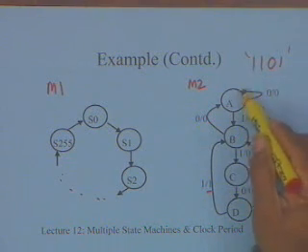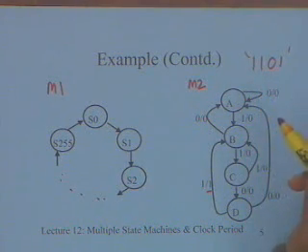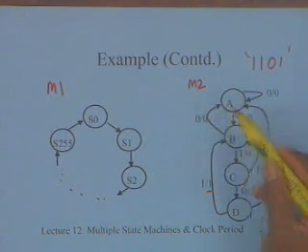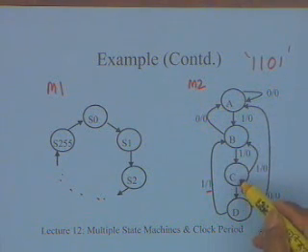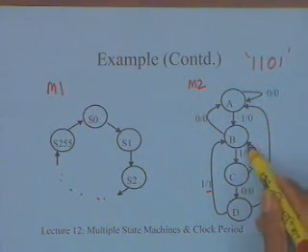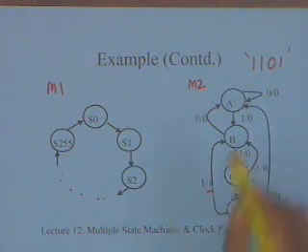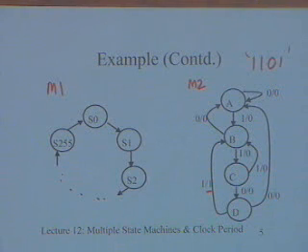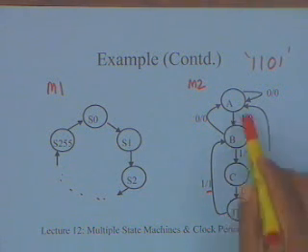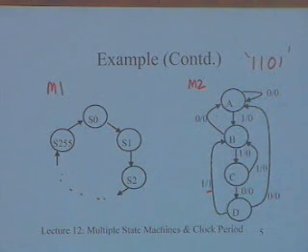If I first receive a 0, I will get stuck in state A itself. If I receive a 0 from here, I will return to state A. If I receive a 1 from here, I will come back. If I receive a 0 from here, I will come back. Of course, I can see how much overlap happens for a wrong input, and I can appropriately return to the state that handles the wrong input.